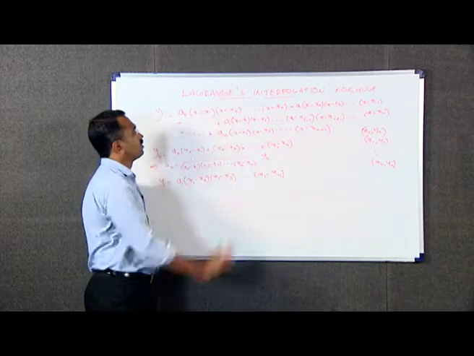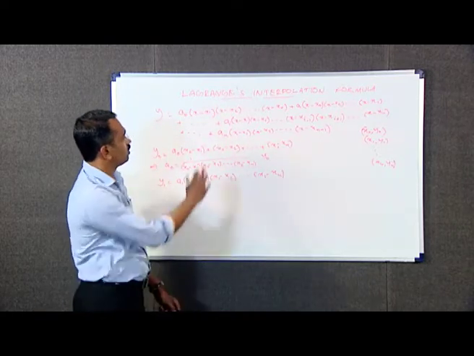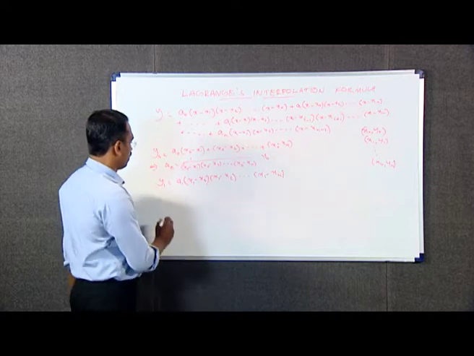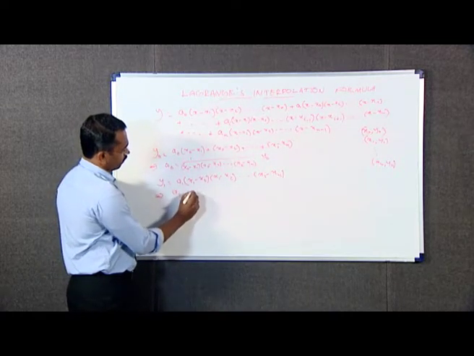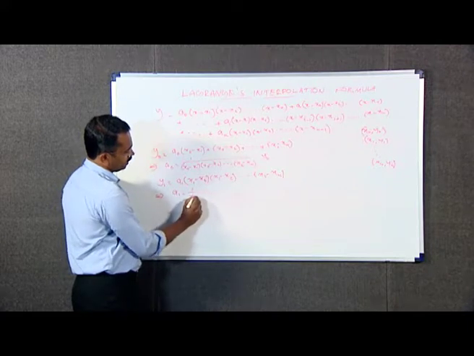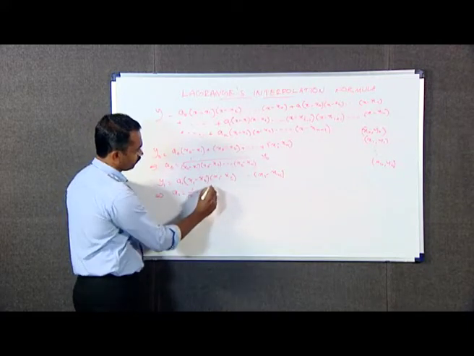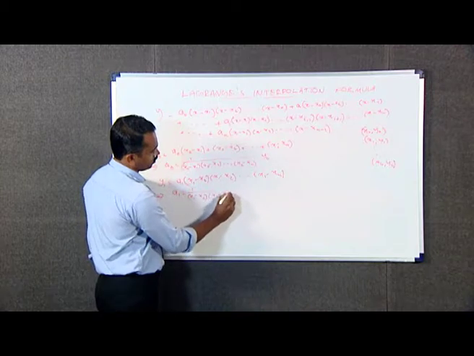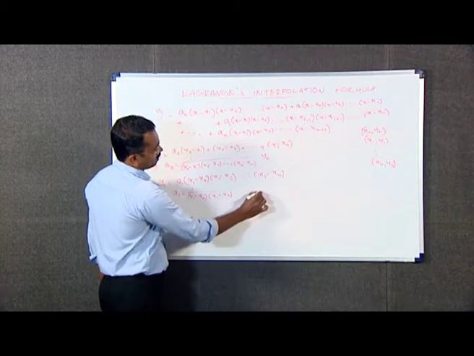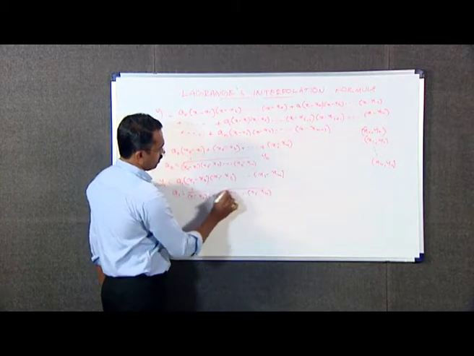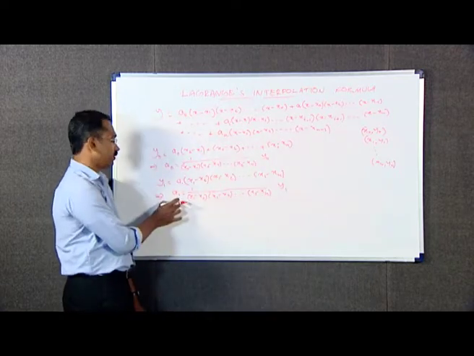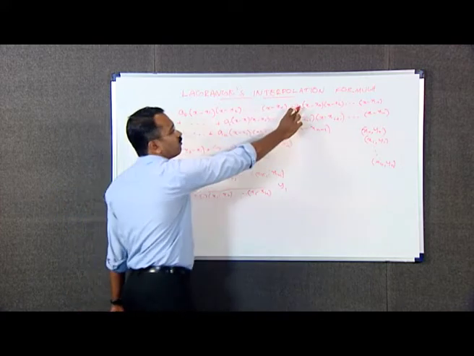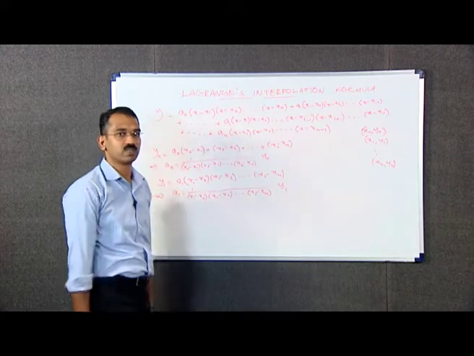This gives a1 is equal to 1 by (x1 minus x0)(x1 minus x2) etc. (x1 minus xn) into y1. This is the value of the second coefficient a1.